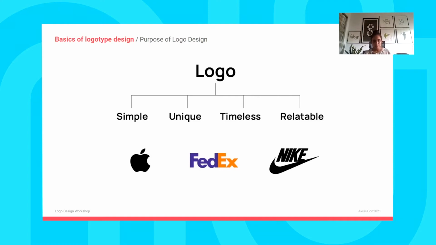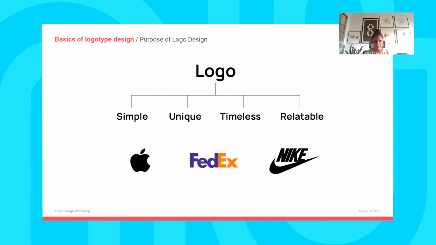So the more the logo or the graphic that is used is related to the company or the company name or the service or the product, the audience will easily perceive it or grasp it, or they will easily relate to it. So a logo also should be relatable.